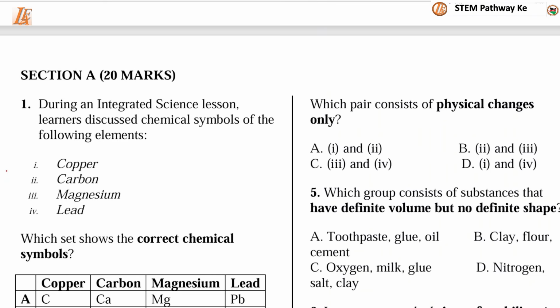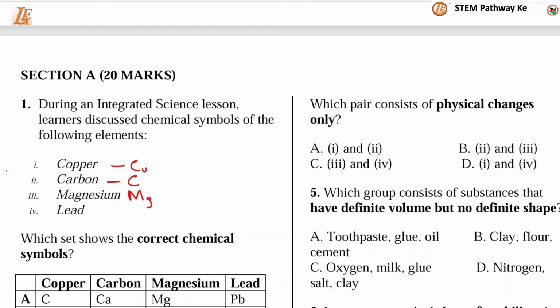So in this case, let's begin with the first one. The chemical symbol is Cu, capital C, small u. Carbon, the chemical symbol is capital C. Magnesium, the chemical symbol is capital M, small g.